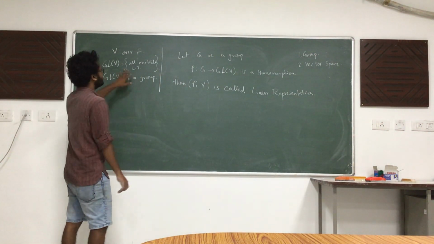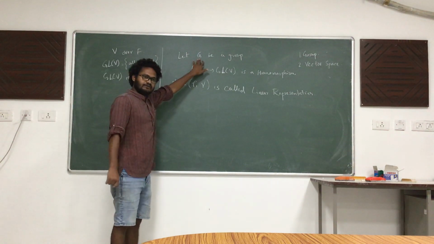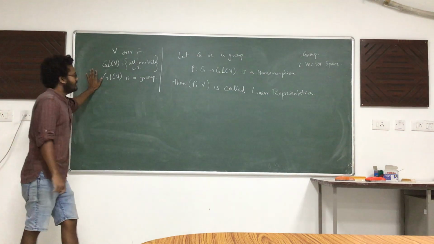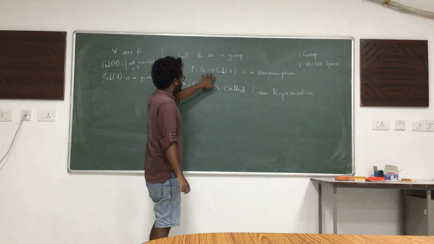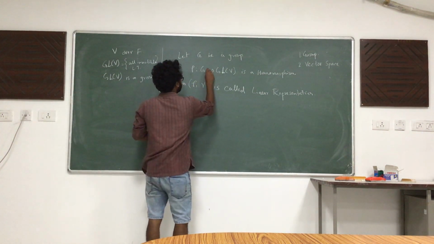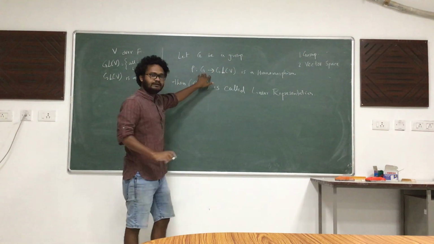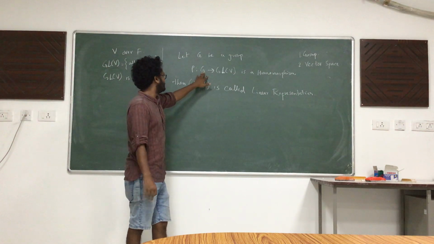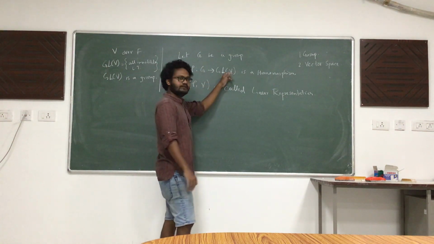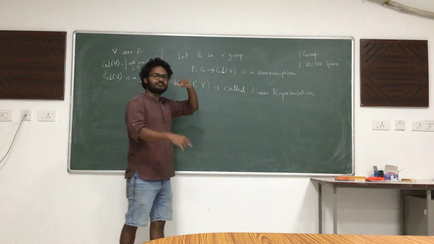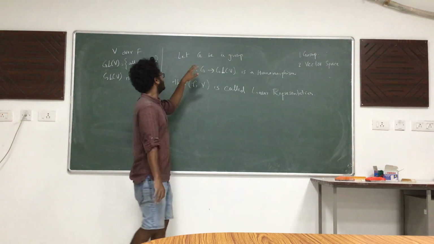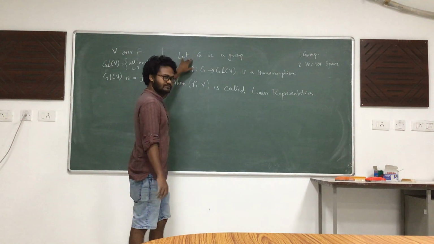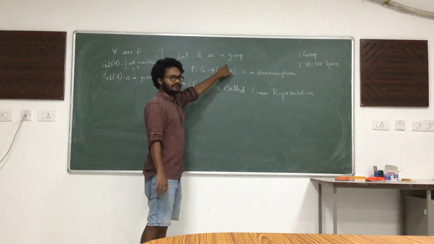So what did we say? G is a group, GLV is another group. Now we can define a homomorphism. Homomorphism is what? A map from a group to another group such that the structure is preserved. So rho is a homomorphism from G to GLV.